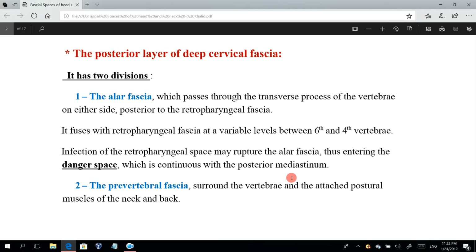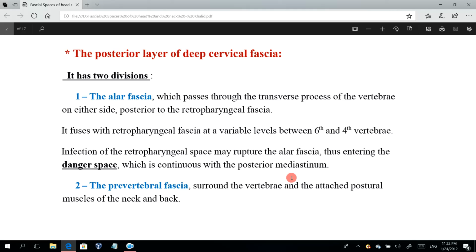The middle mediastinum ends with the visceral fascia of the second layer, and the retropharyngeal space. If the infection ascends here and the alar fascia opens, the infection will pass to another space, which is called the danger space, which is continuous with the posterior mediastinum.